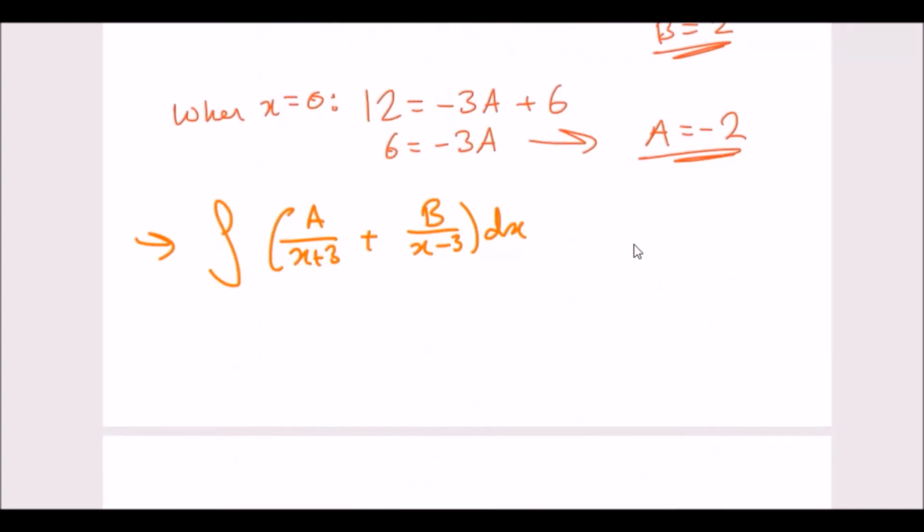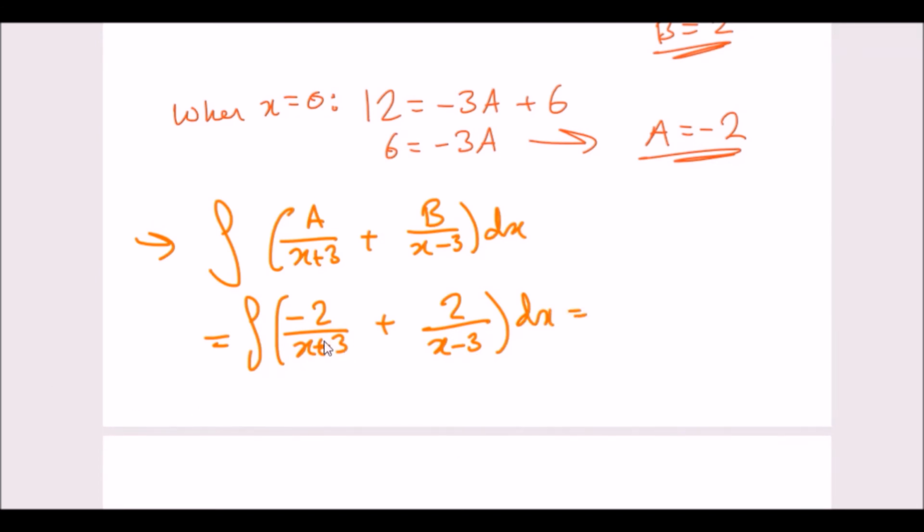Yep. Is now the same as the integral of minus 2 over x plus 3 plus 2 over x minus 3 dx.